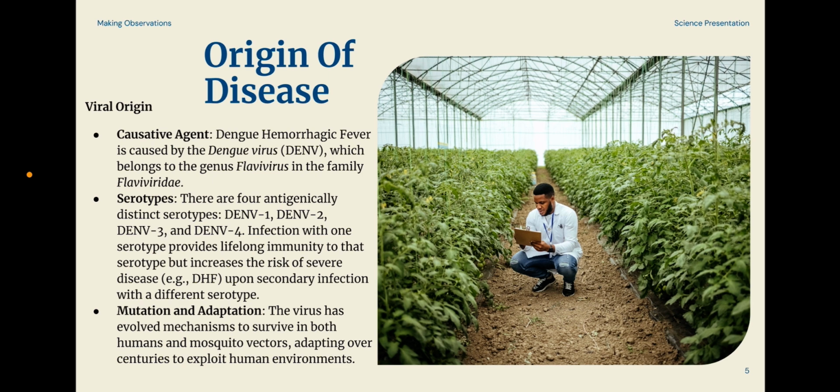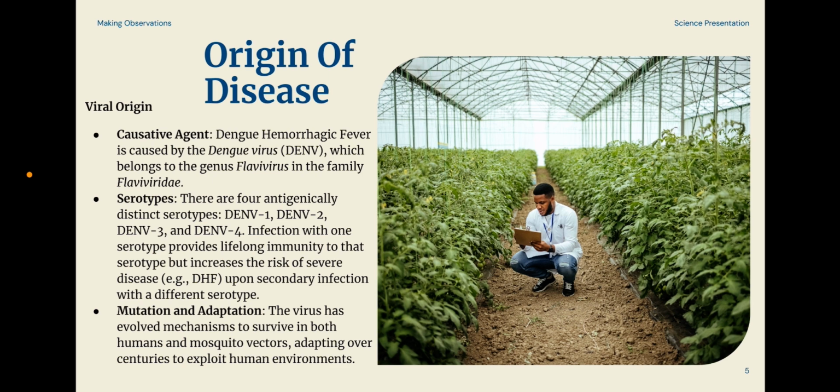Okay, there are 4 antigenically distinct serotypes: DENV1, DENV2, DENV3, and DENV4. Infection with one serotype provides lifelong immunity to that serotype, but increases the risk of severe disease upon secondary infection with a different serotype.